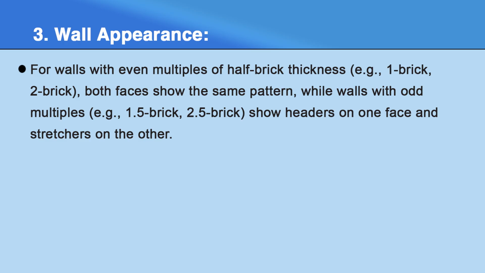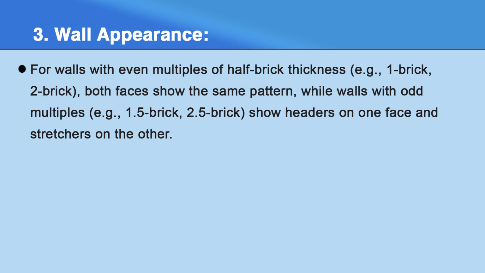Another one, wall appearance. For walls that are an even multiple of a half brick in thickness, for example, 1 brick thick or 2 brick thick walls, both the faces of the wall exhibit the same pattern of alternating headers and stretchers.